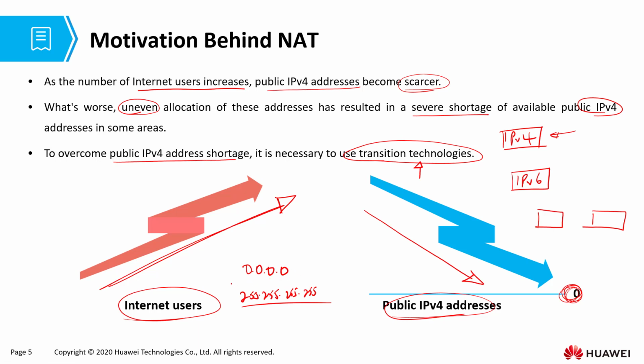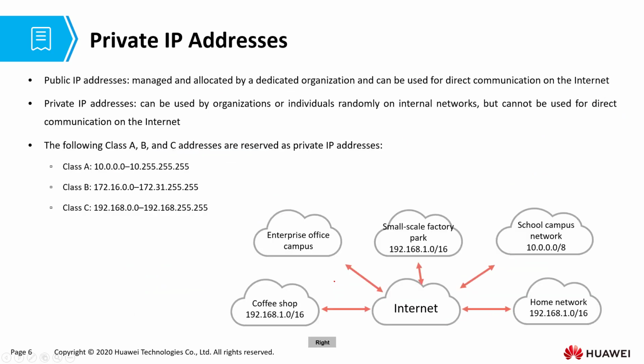Now, we divide this entire block of IPv4 addresses into two. I hope we do not confuse this with classes of IP addresses, because when you talk about classes, class A, B, C, D, and E, of which we mainly use A, B, and C for unicast networks, which we look at mostly in this course.